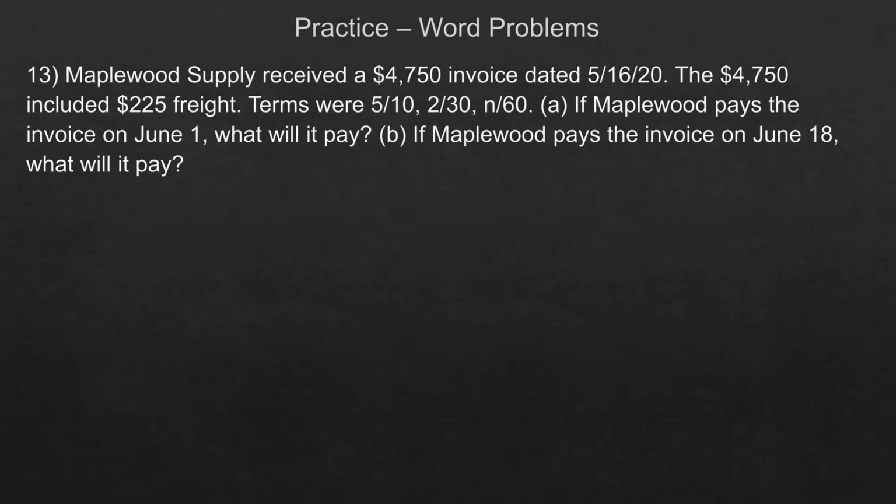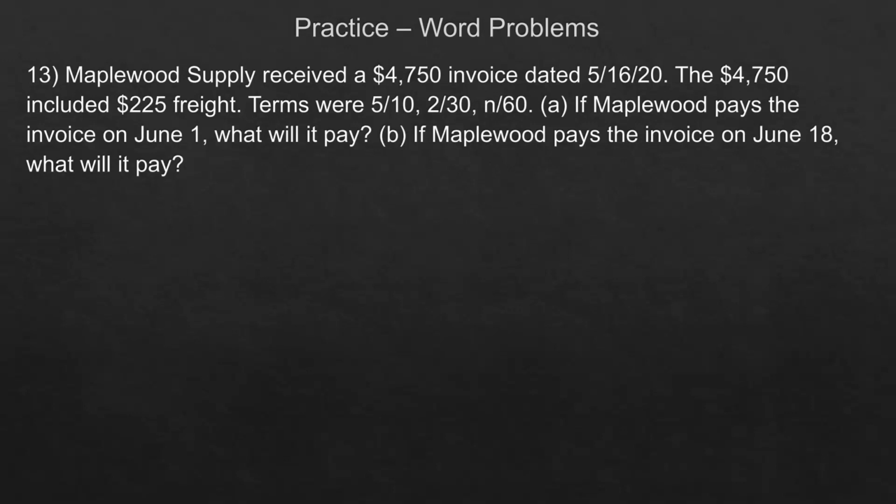Terms were 5/10, 2/30, and n/60, so that's a 5% discount if paid in 10 days, a 2% discount if paid from day 11 through 30, and then net in 60. If Maplewood pays the invoice on June 1st, what will it pay? If Maplewood pays the invoice on June 18th, what will it pay? And that's going to be different, right, depending on which one.